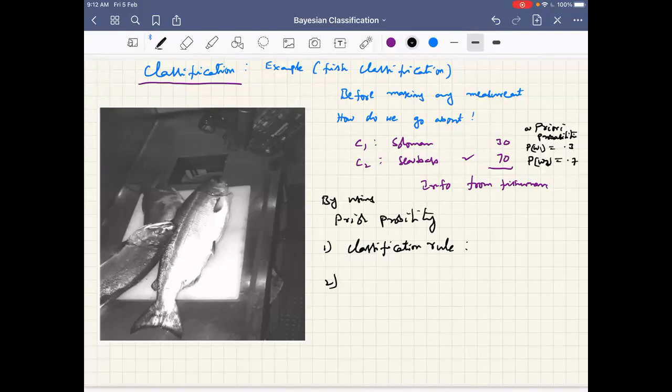Here, is there any better way or easier way? Directly predict sea bass for the first one, so there will be 70% accuracy. Yeah, the classification rule may be: whichever probability of omega 1 is greater than probability of omega 2, put the sample X to the omega 1 class, else put the sample X to the omega 2 class.